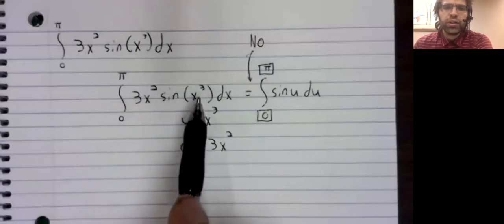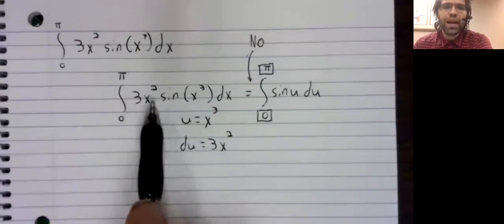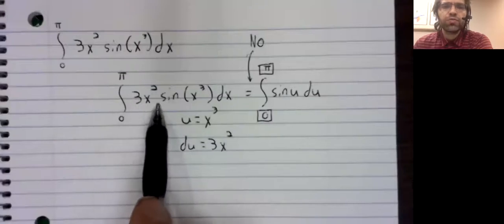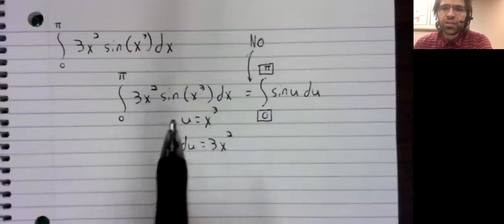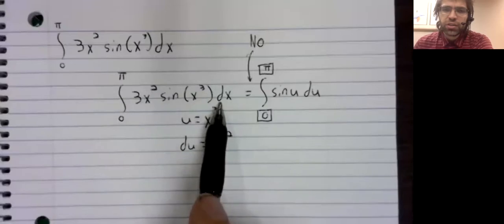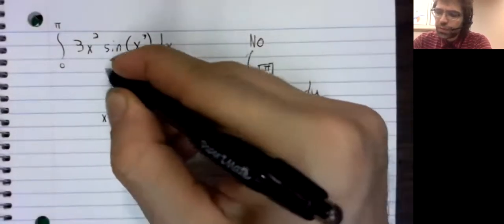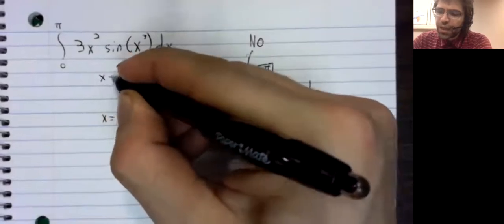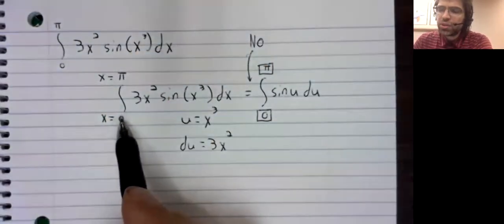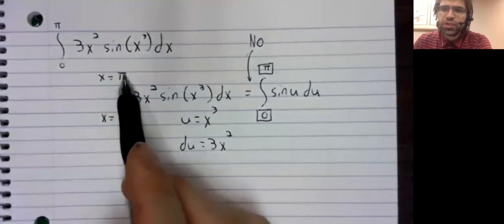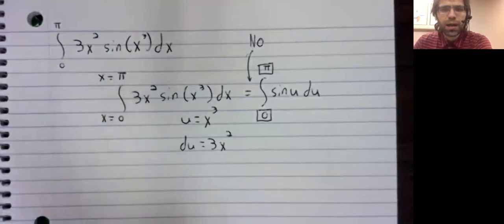Everything here is in terms of x. Our expression is in terms of x. We're integrating in terms of x. And x is going from 0 to pi.